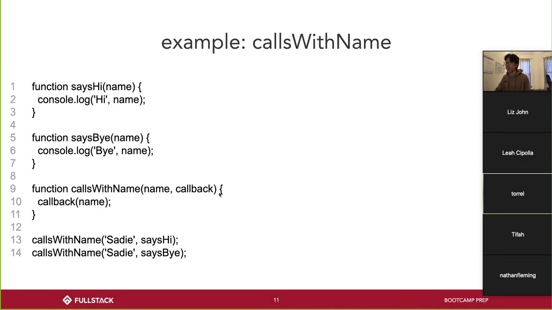It just takes in anything and it just does the same thing with that. It's like a mindless machine that just takes in whatever you give it and calls it. So it gives this function flexibility. It's not just calls with says hi. It can call any function and give it the name parameter.